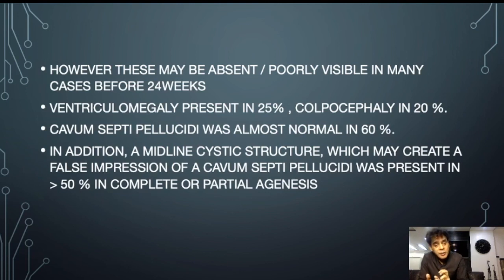A distorted cavum septum pellucidum, which may be not a typical rectangular shape, but it may be more rounded or more square shaped, that may be a part of partial agenesis. And at times, even in complete agenesis, you may find such a thing. And this pseudocavum can be falsely interpreted as a cavum septum pellucidum which is present. So you have to be careful about this part as well.